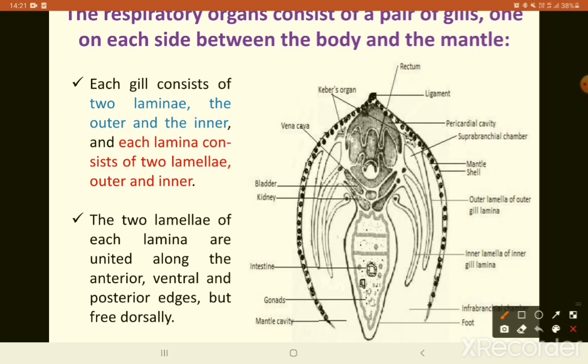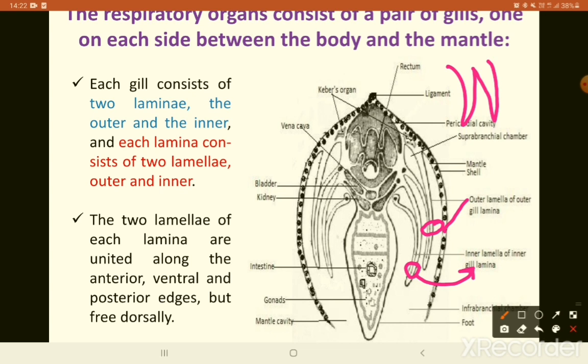Now each gill plate, that is each fold of gills, has two laminae. One is the outer lamina, and this is the inner gill lamina. This is the outer one, this is the inner one. So overall they are present in the form of a W-shaped structure. Such gills are called demibranchs or gill laminae.